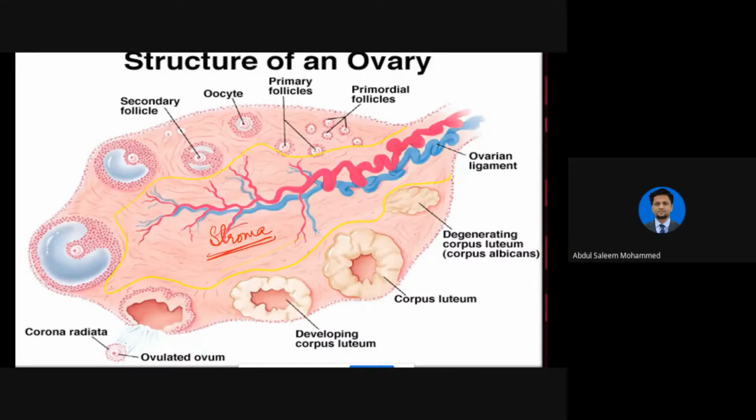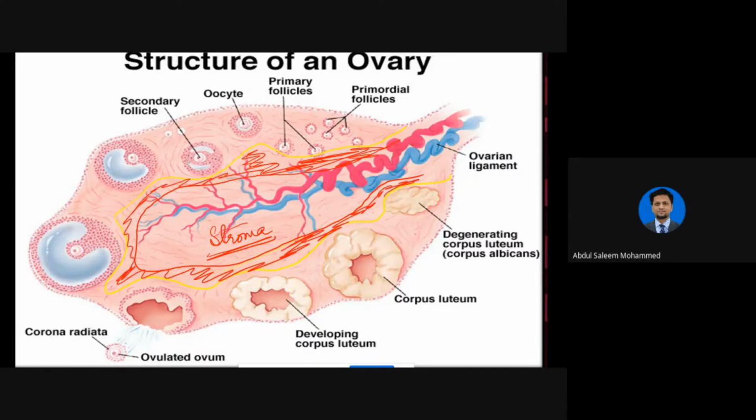Okay. Now this stroma is further divided into two different regions. This is the outer region, which I am marking with red coloration. This outer region of the stroma is known as the cortex, which is very close to the periphery of the ovaries. So this is the peripheral region of the ovaries.